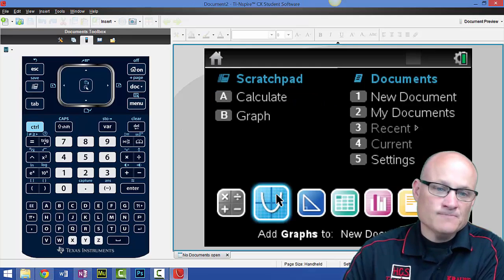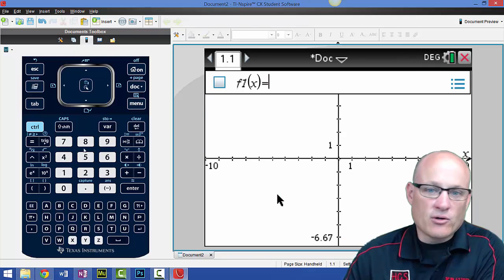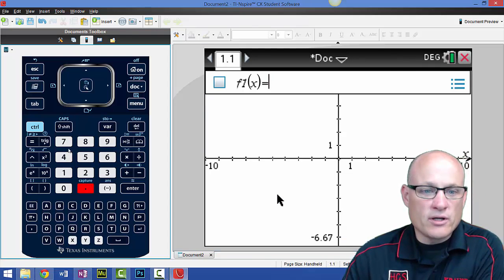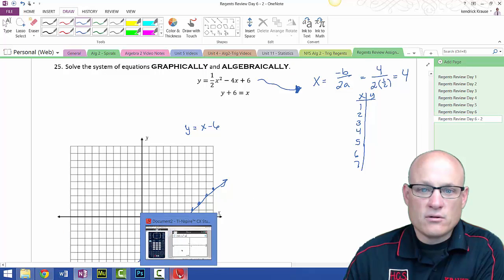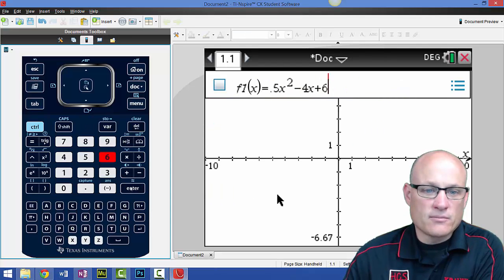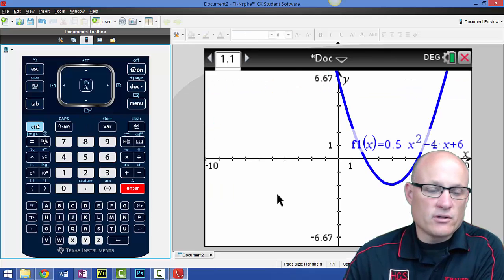Go back in, and we're going to graph this parabola, which is 1/2 x squared minus 4x plus 6. There it is. Crazy looking thing. We'll go into table.